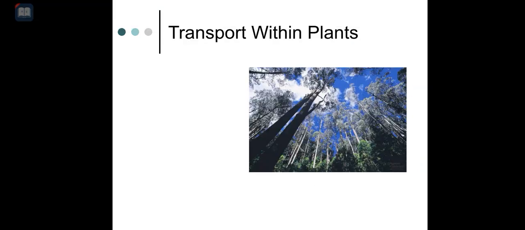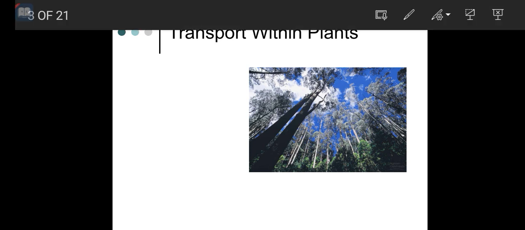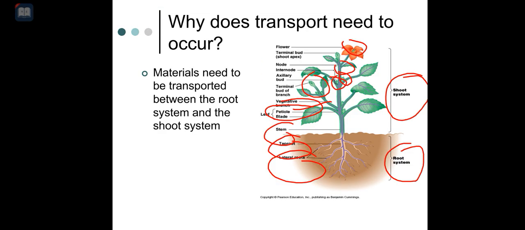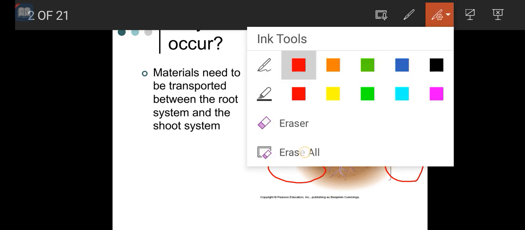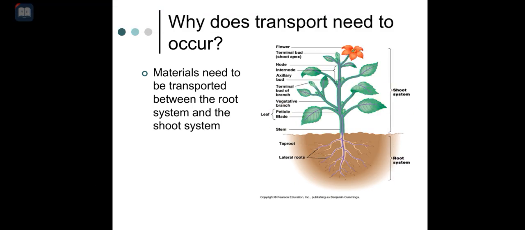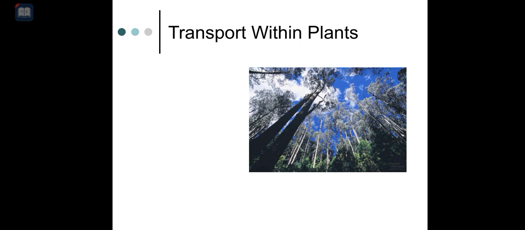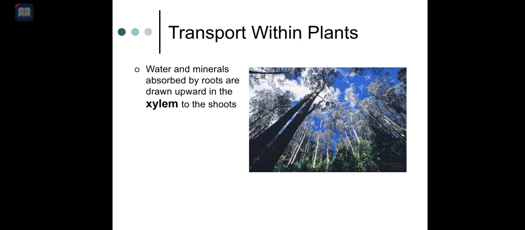Here we find the total system regarding the importance of the plant, why it is important to transport. Next, transport within a plant. Water and minerals absorbed by a root are drawn upward in the xylem to the shoot.